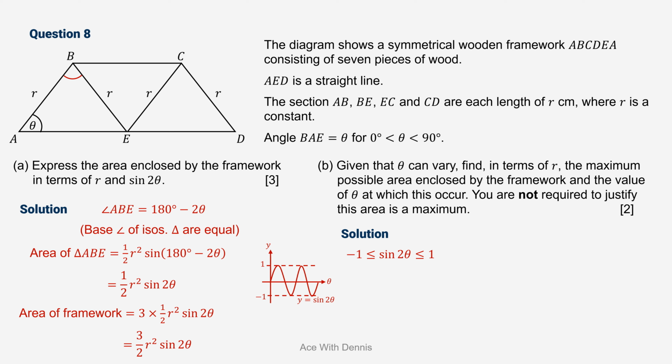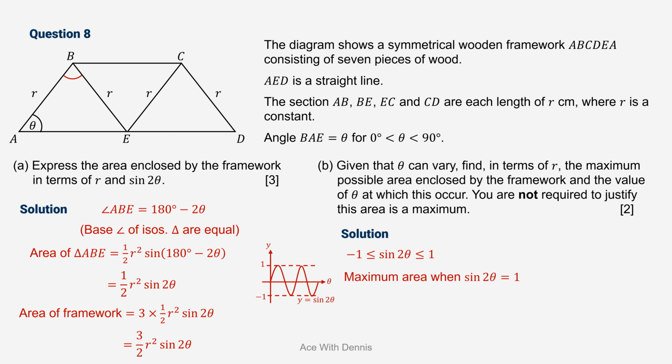The function sine 2 theta has a value in the range from -1 to 1 inclusive. If you are not sure why, just look at the sine 2 theta graph. The maximum value is 1 and the minimum value is -1.